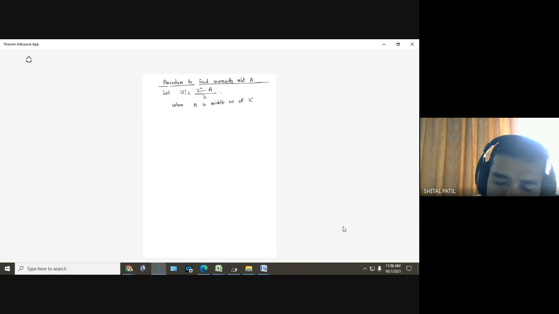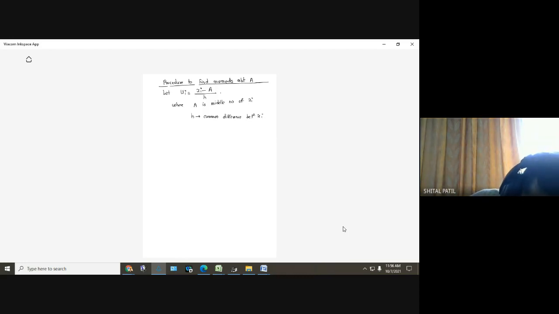Why we should consider middle number of xi, we'll try to understand during the example. But let me continue typing. H common difference between xi, increment in x, that we have to consider as the h.